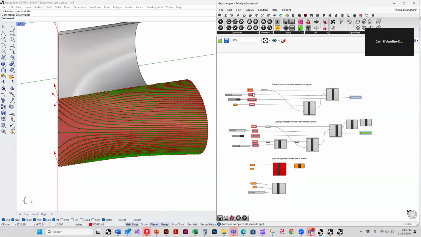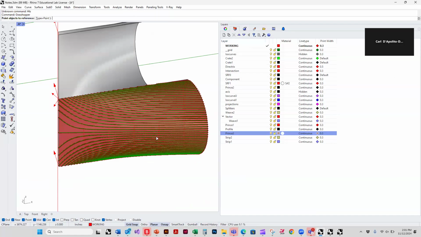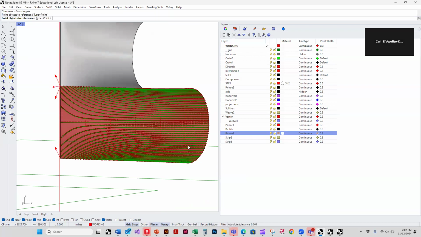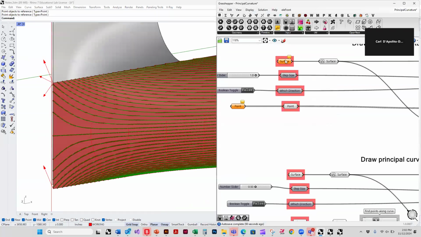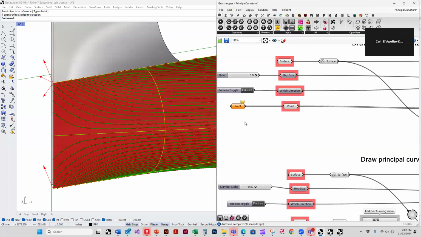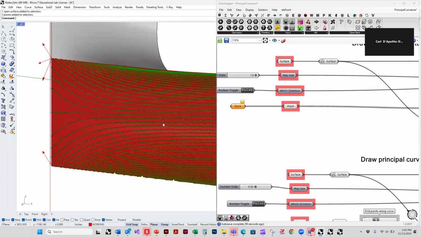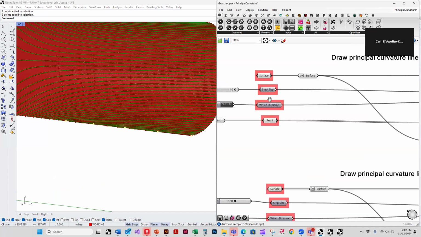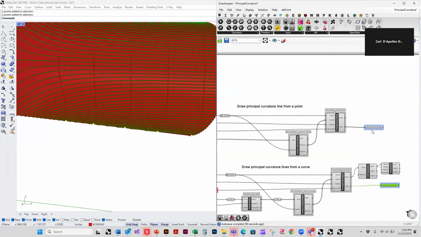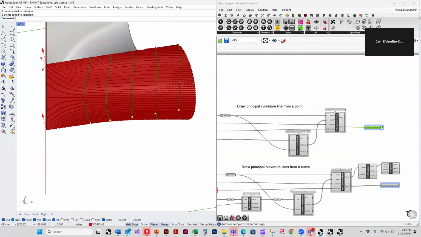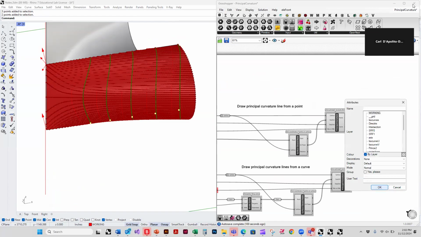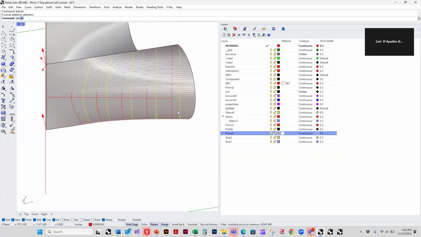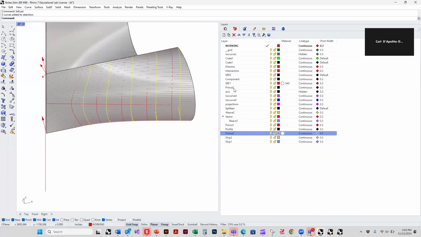So then this one here, it takes points, put the surface in there. With this, I'm going to get a second set of curves that are offset slightly from the original. Bake those, and I'll take those and put those on their own layer.